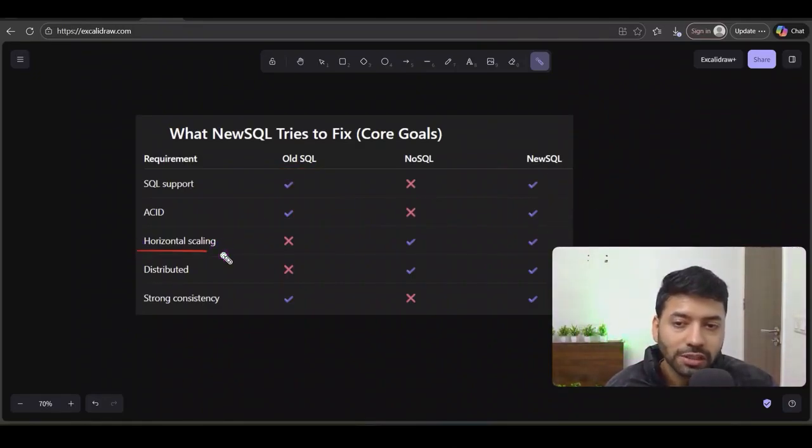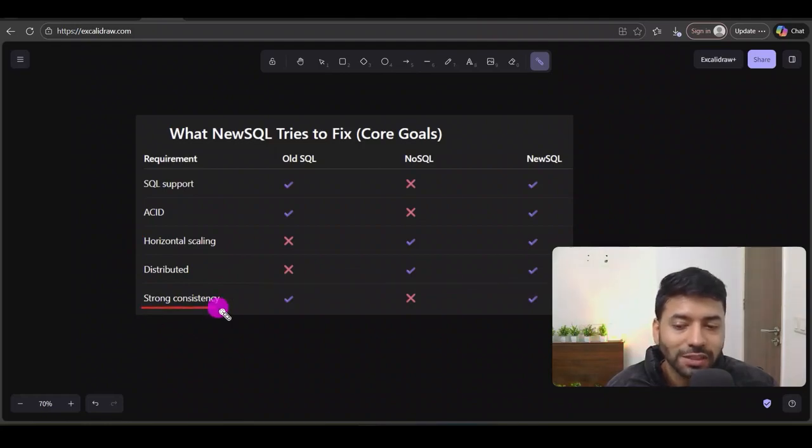Now talking about horizontal scaling, in SQL this is an issue because of all the reasons that we discussed. In NoSQL, horizontal scaling is quite easy, and in NewSQL, horizontal scaling is easy because it is picked from NoSQL. So the earlier two points were from SQL, and this one NewSQL picks from NoSQL. Similarly, distributed system is quite related to horizontal scaling, so it is the same as the above.